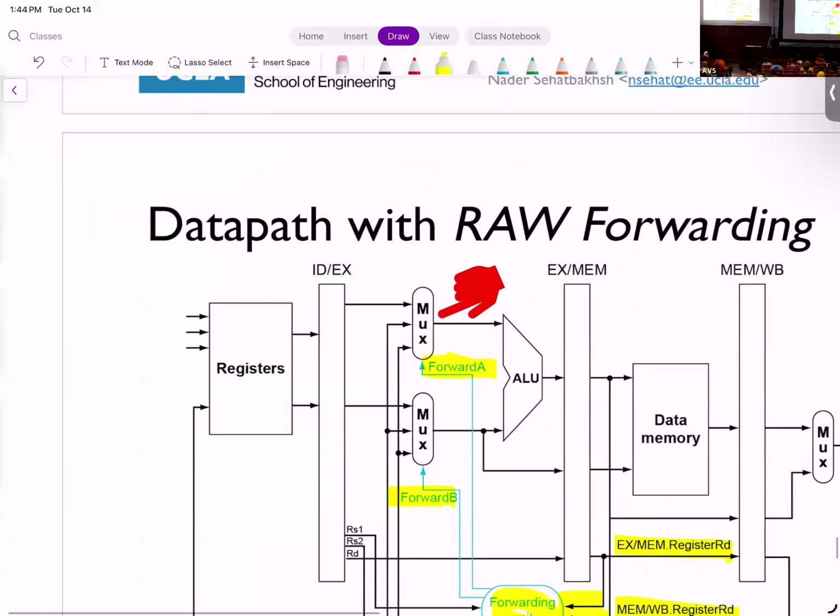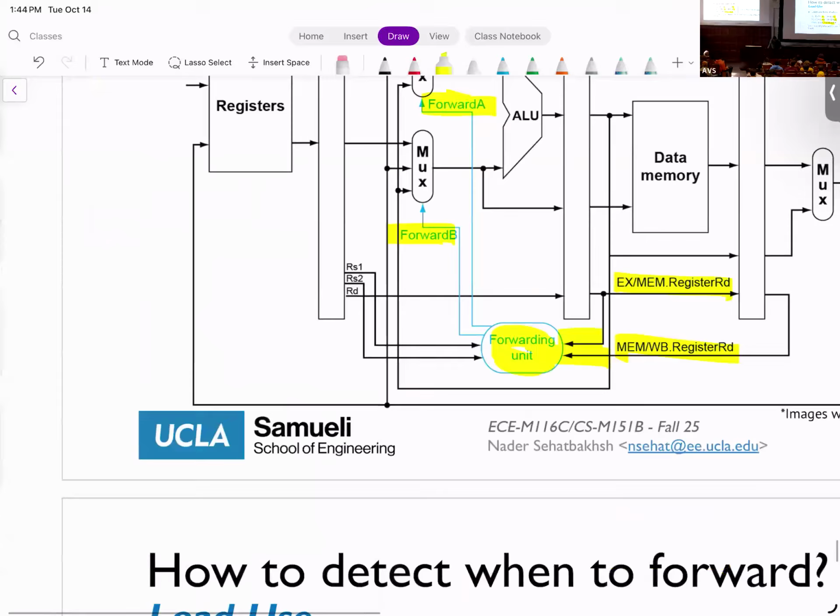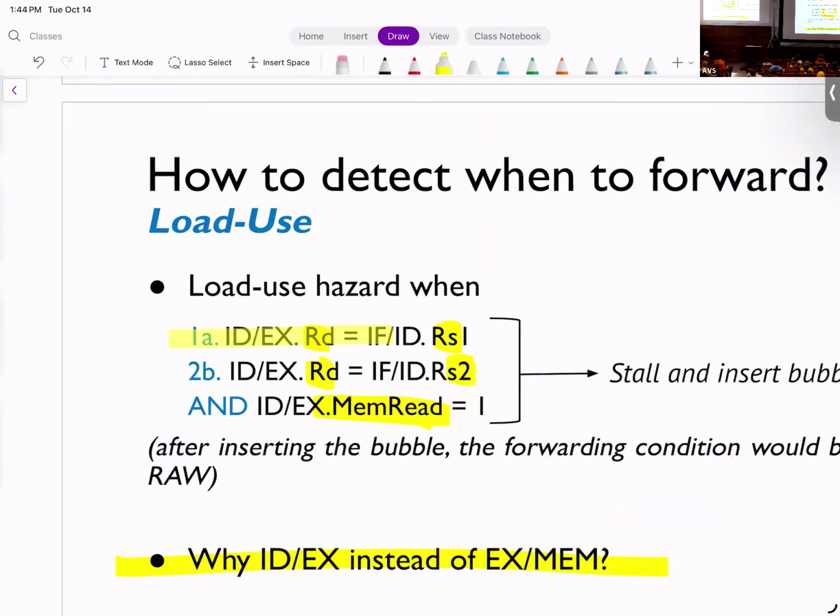So for forwarding, you check the execution stage with memory or write back. For load use, you check the decode because you need to stall for 1 cycle first and then do the forwarding. So just keep in mind that there is a difference between the criteria, because this is the criteria for stalling, not forwarding. So you first stall and then forward.